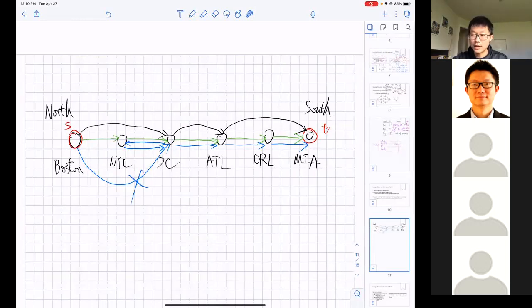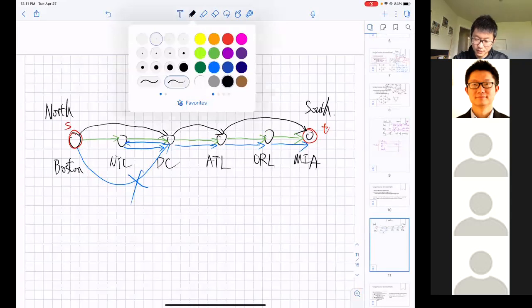So the reason why I want to use this example is that if we got 6 nodes, 1, 2, 3, 4, 5, 6, how many cities do we go across by following the blue path?